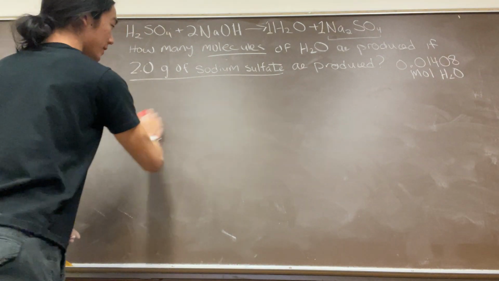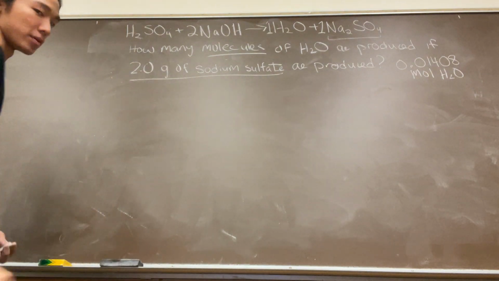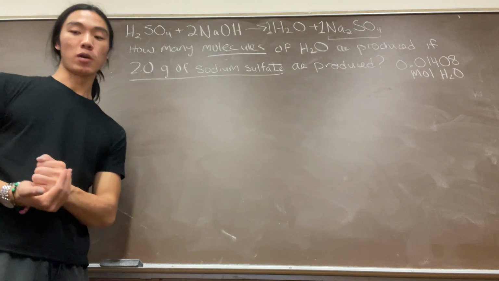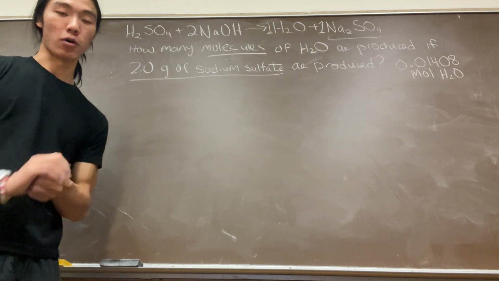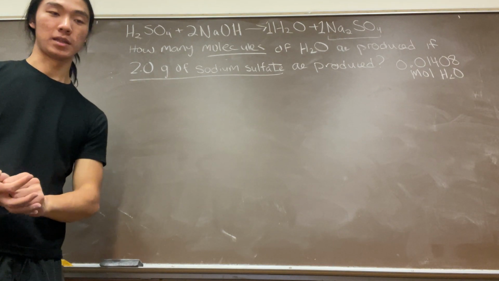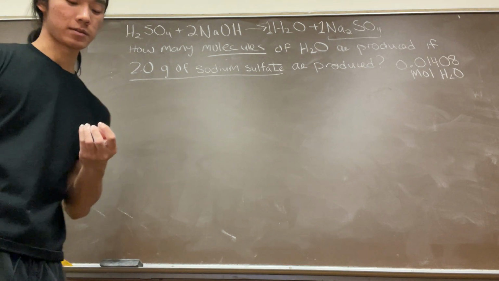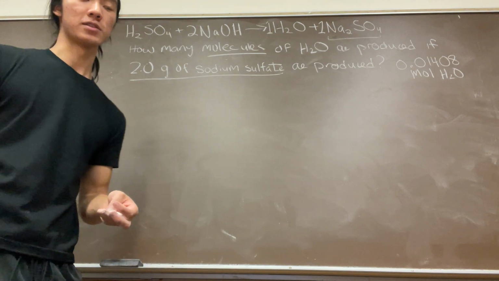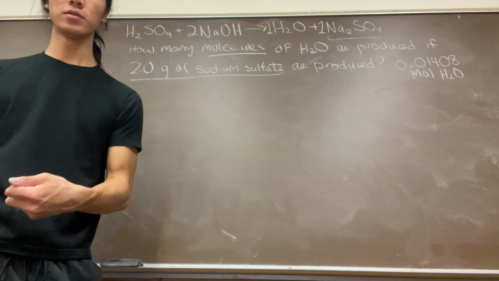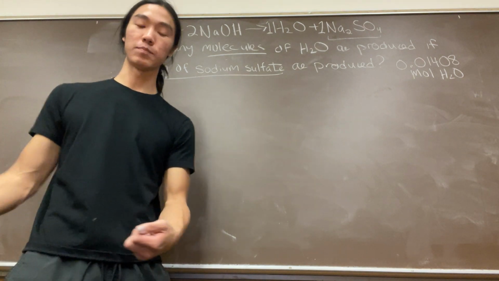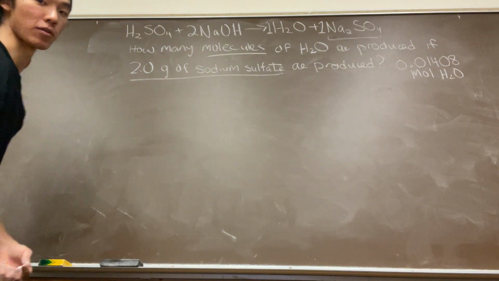So now we need to find out how many molecules. Remember that Avogadro's number represents how many molecules there are in a mole. It's derived by how many molecules of carbon are in 1 mole, or in 12 grams, and we basically use that number to say how many molecules are there in a mole.